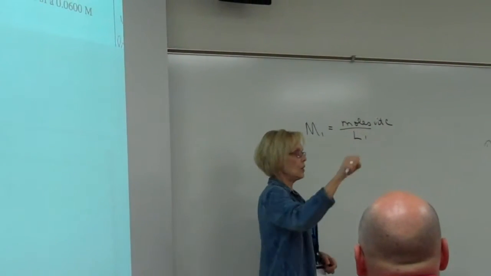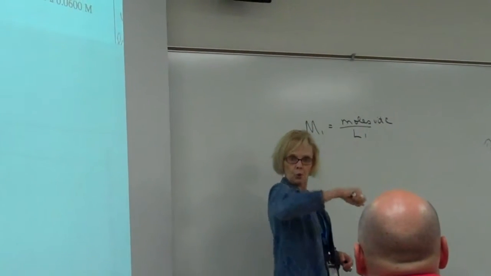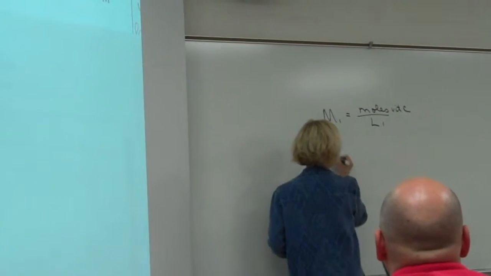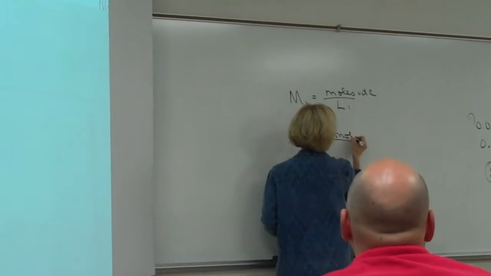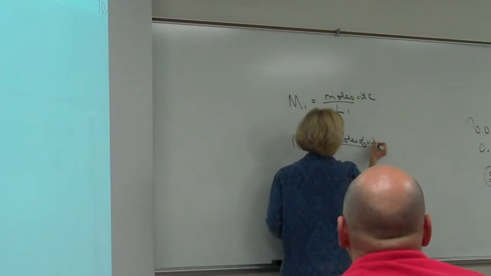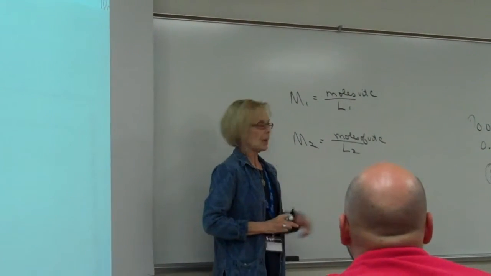Okay, you take that, you dump that can into a pitcher, and you dump your water in there, stir it up. You have a new molarity. And you have a new volume, right?